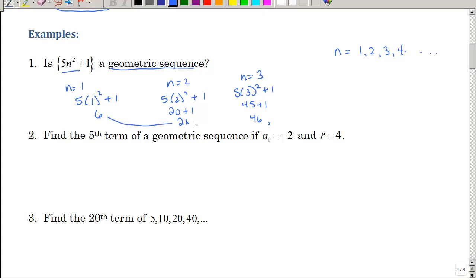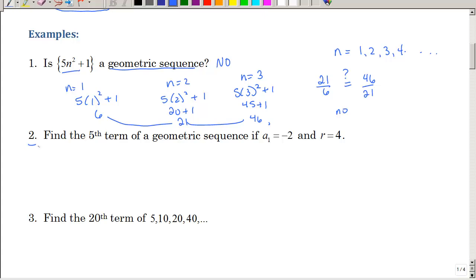Have I multiplied by the same thing each time? No. Is 21 over 6 the same as 46 over 21? No, it is not. So is this a geometric sequence? No, it is not. They do not have the same common ratio.